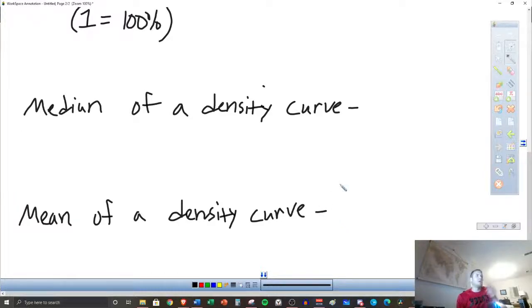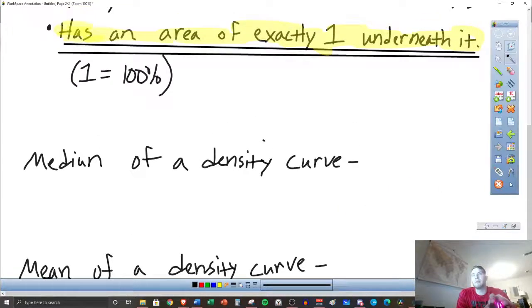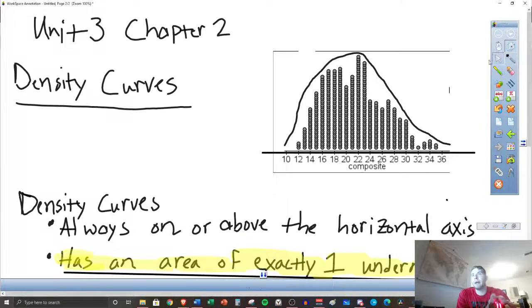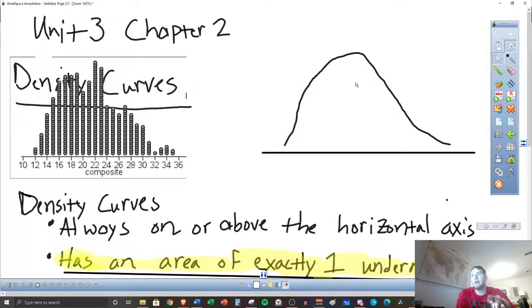Okay, so we know how to approximate where the mean or the median would be. So if I gave you a curve like this, we would want to find the mean and the median.